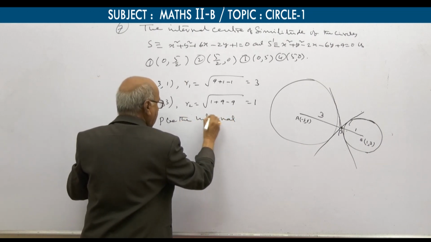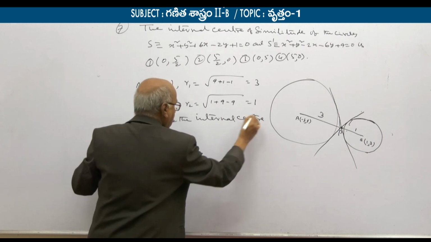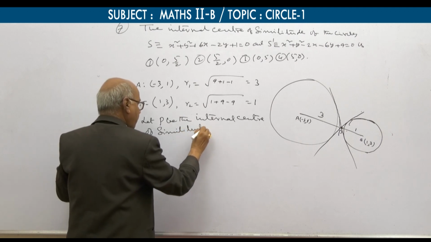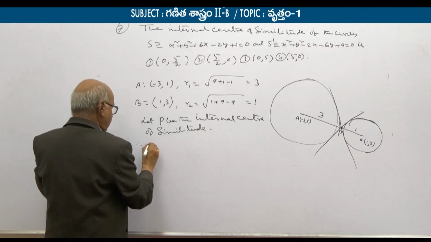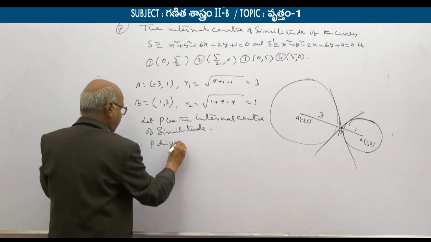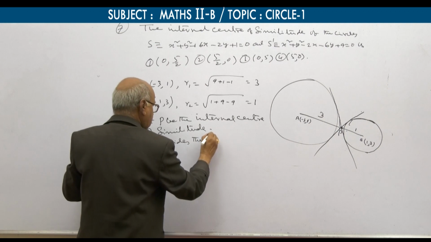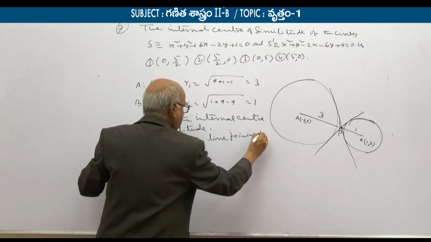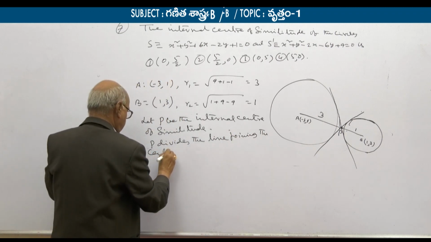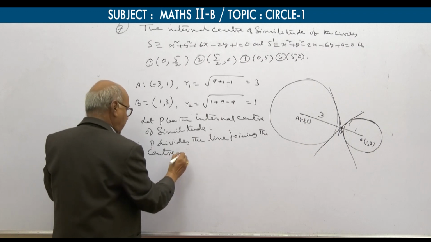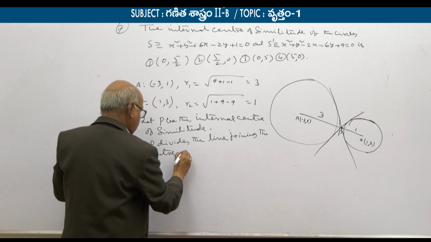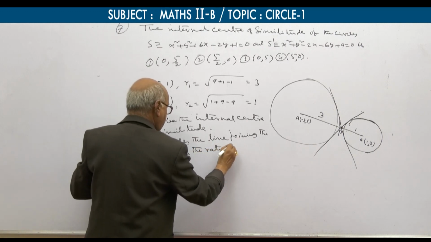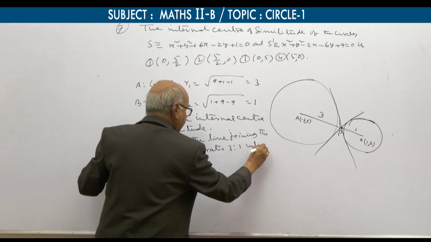Therefore, P divides the line joining the centers in the ratio of 3:1 internally.